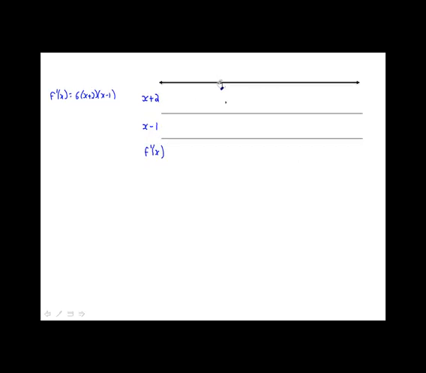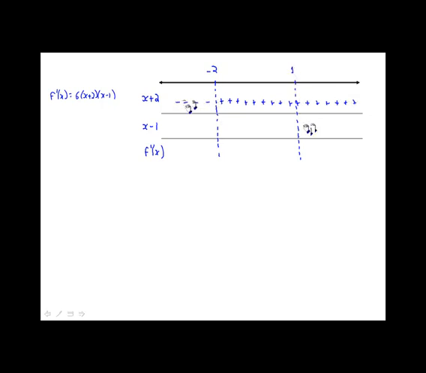And then we locate the points where each of the factors are equal to 0, so x plus 2 would switch signs at negative 2. And then x minus 1 would switch signs at x equal 1. And then we note the behavior. At x plus 2, that factor is positive when x values are greater than negative 2, and negative for values less.